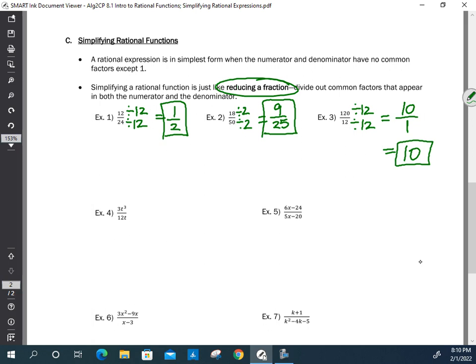That gives you 10. So the first three examples are the numbers that you've been working with all along.